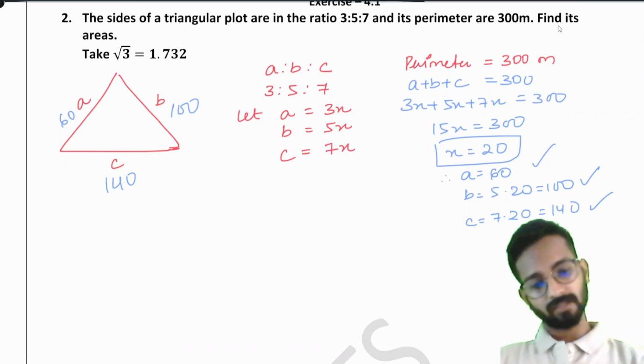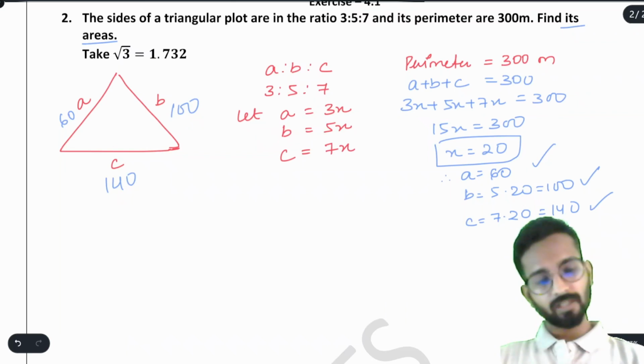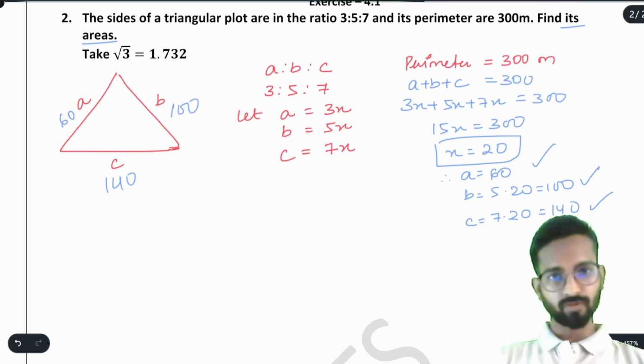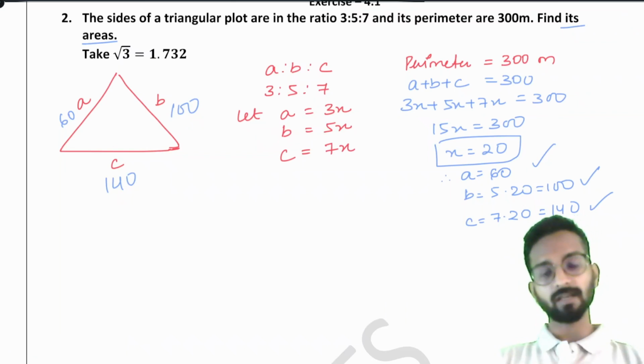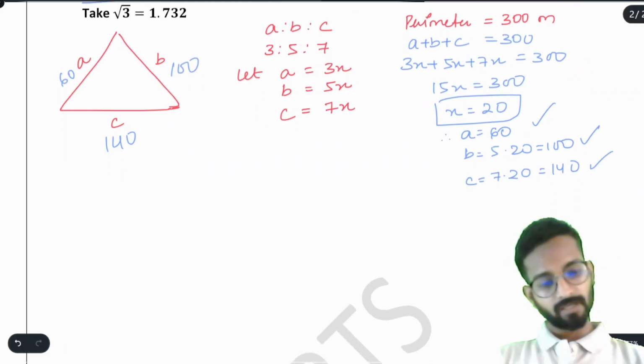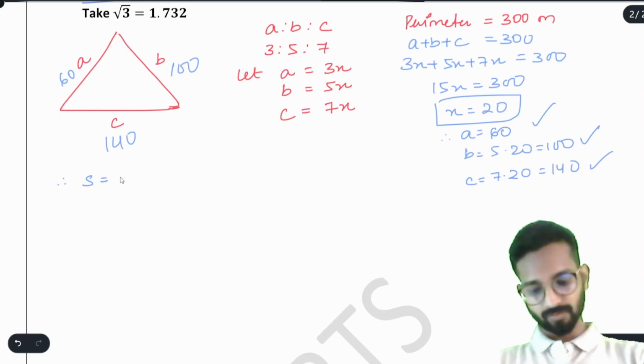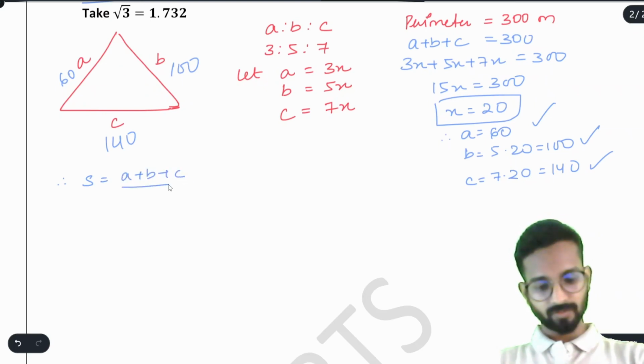Now what they are saying, find the area. How will you find the area? You are not given any height or altitude. If we had altitude, we would be putting half into base into height, but now we don't have that. So we will use the S formula. We have to find semi perimeter. Therefore S is equal to A plus B plus C by 2. A plus B plus C is nothing but perimeter only.